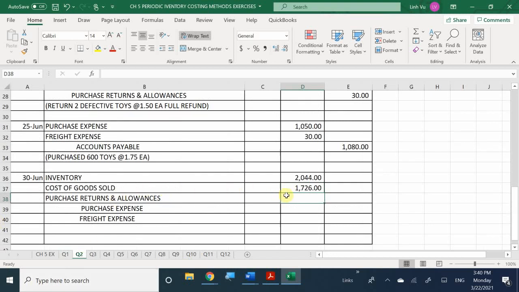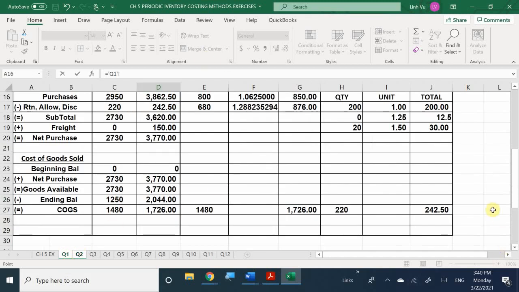What was my total purchase returns and allowances? 242.50. Okay.